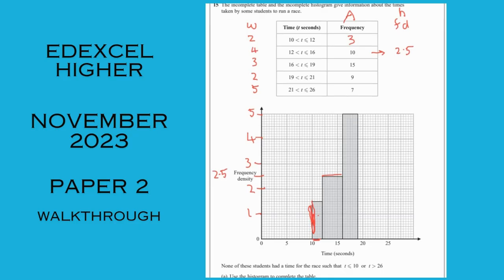It wants the last 2 bars, that's these up here, need drawing. So we do area, which is 9 divided by 2. So we need a height of 4.5 and a width of 2. Apologies, you use a ruler. I'm doing this on an electronic pen.